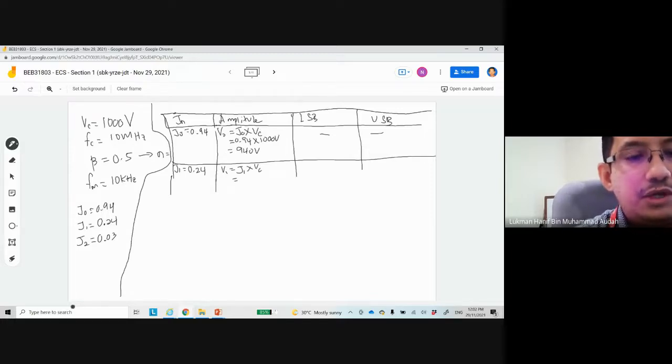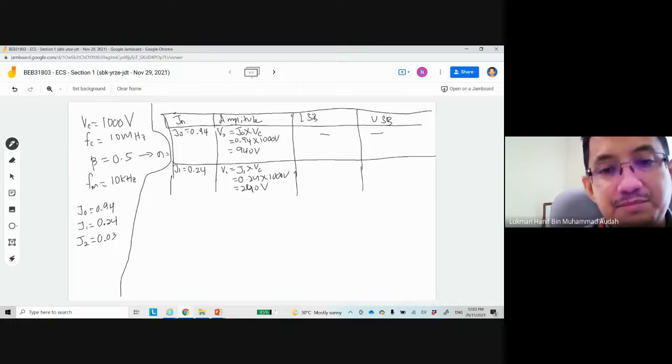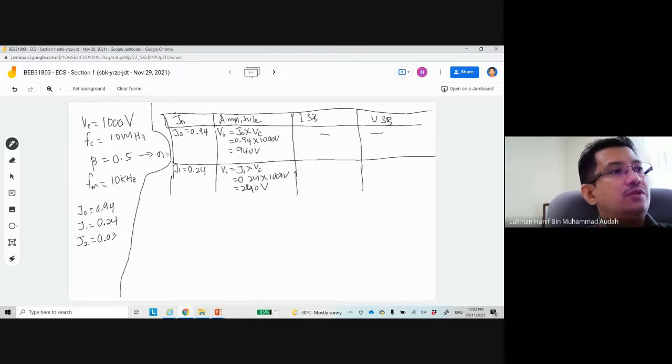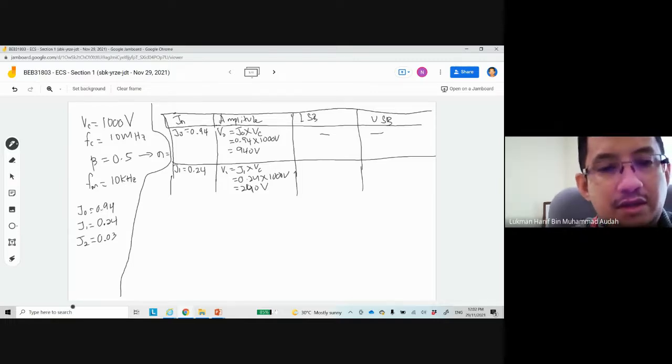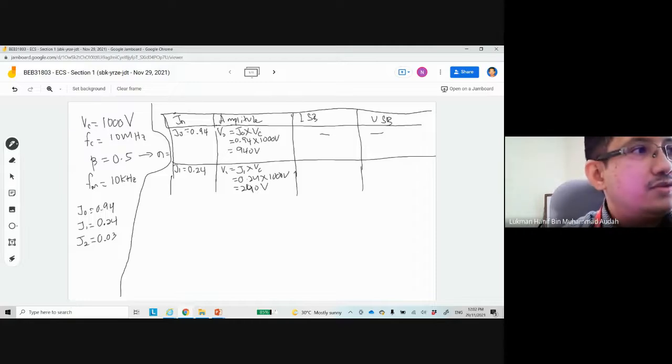So this is 0.24 times 1000 volts, which is 240 volt. Where is the location of this side band? The lower sideband is located at Fc minus Fm.